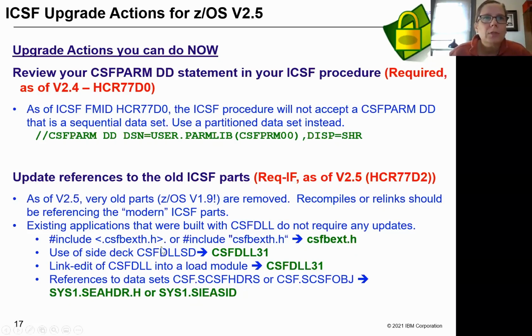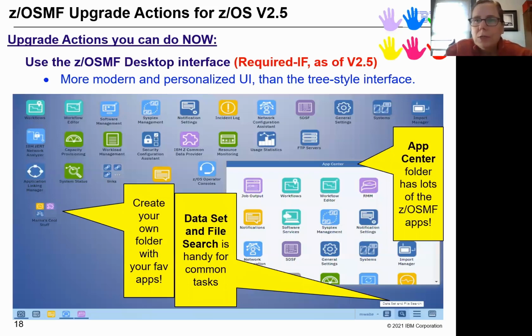If you had specific includes for these, here's the new header file, and you use a different side deck as well. These are really easy to change. If you happen to do a recompile or a relink, remember, existing applications will continue to run the way they've run. So no problem there, and hopefully not many people have that as an impact. All right, any questions before we move into z/OSMF?